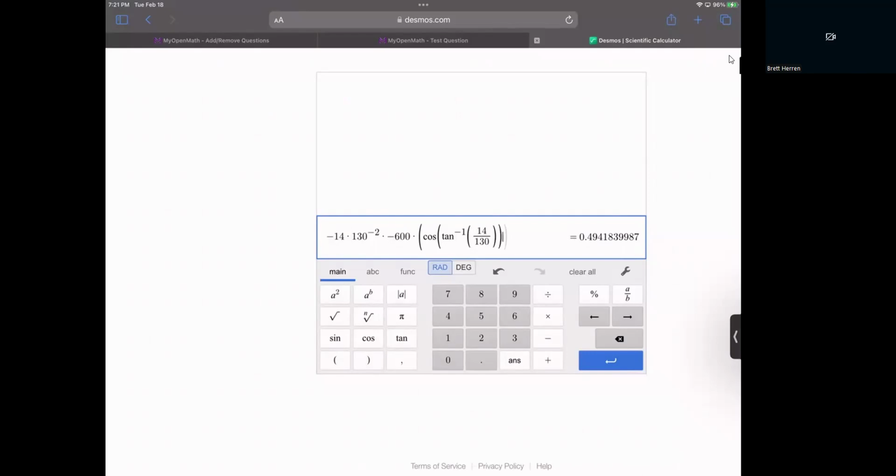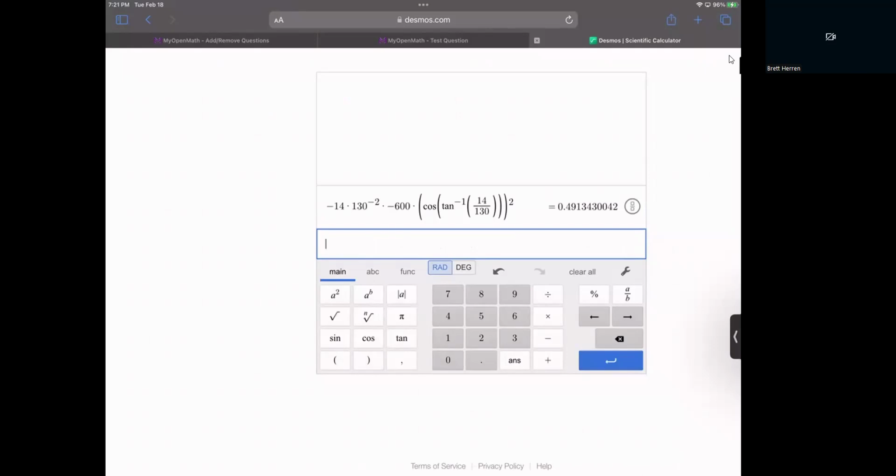Is that right? Yeah. Here we go. So that's a lot of parentheses, isn't it? 1, 2, 3, 1, 2, 3. Yeah. That whole cosine had to be squared, you see.